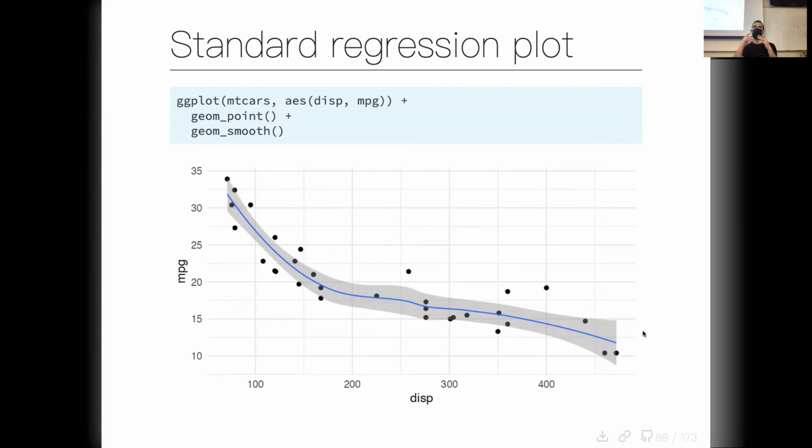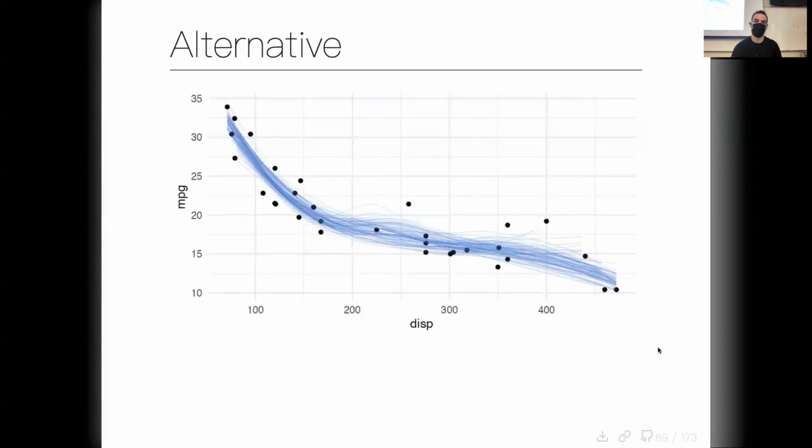That gray area is telling us where we're less certain about what this line actually represents. An alternative is just to do something like this. What we're doing here is computing a bunch of different regression lines and then plotting all of them. This is a form of a hypothetical outcome plot because none of these are the actual line.